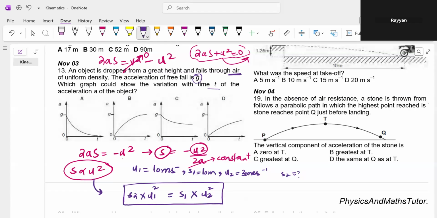But even in that, the acceleration increases until it's balanced by the air resistance. It will be maximum in the start, and then it will start decreasing. So, it is dropped from a greater height, and so it will start decreasing. You know this question, the projectile question.